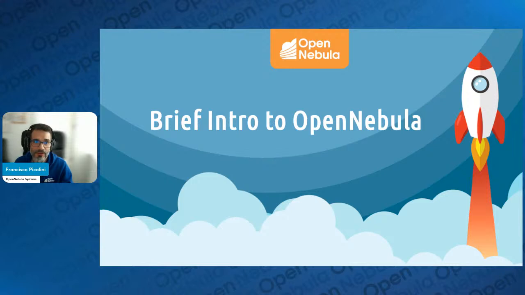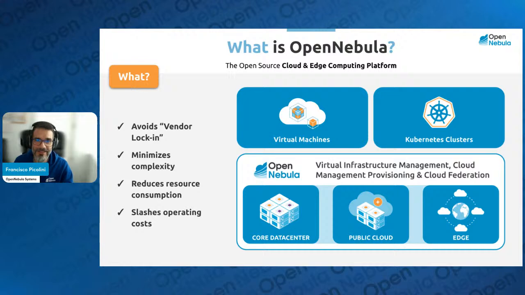Okay, so I'm going to give you a quick, brief intro to OpenNebula. OpenNebula is an open source cloud and edge computing platform that unlocks the power of a multi-platform, multi-cloud environment, combining edge, public, hosted, and private cloud operations.